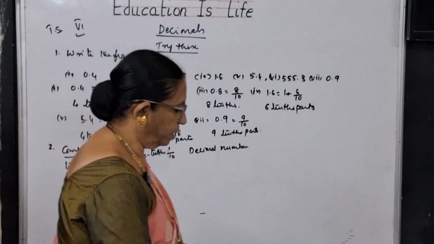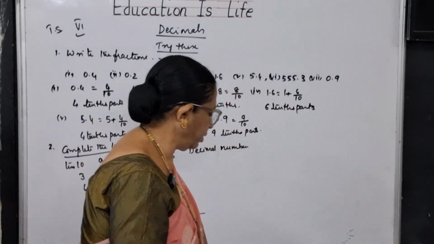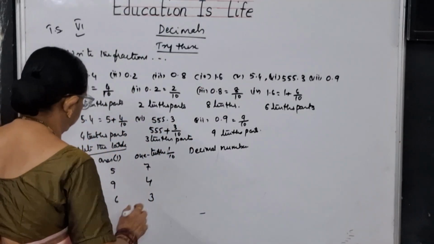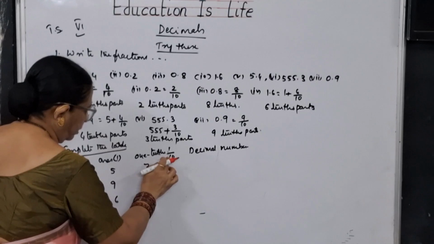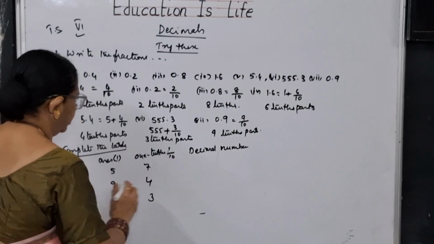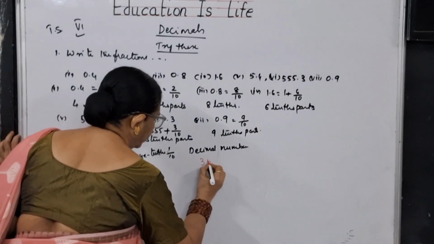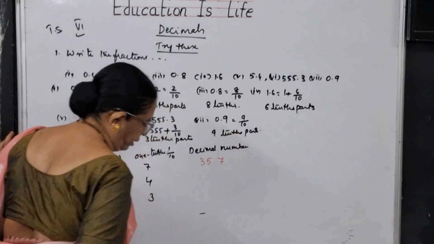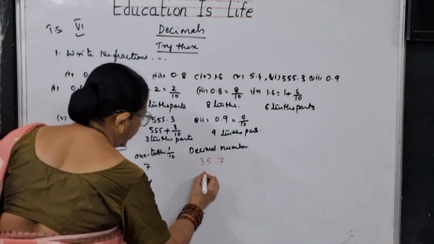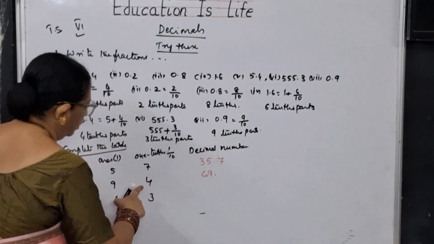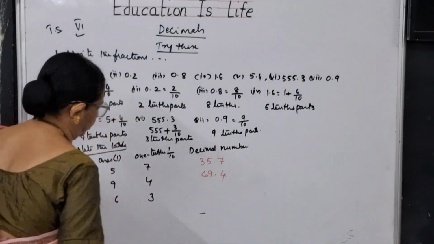So what are the solutions? How will you write the decimal number? 3, 5 is the integral part, and the tenth part is the decimal part. So you will write it as 35.7. Here 69 is the integral part and 4 is the decimal part.